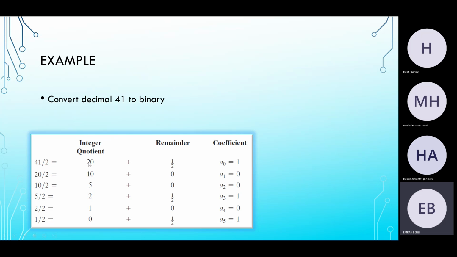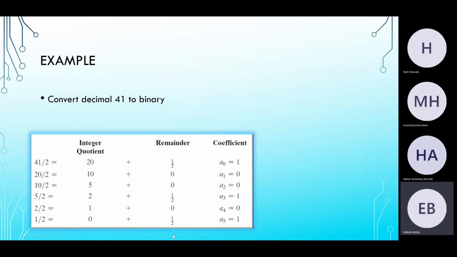For the conversion, what we are doing is dividing, because we want a binary number, we divide it by 2, and we got 20 here, and there is a remainder here, and the quotient is 20, and we divide the 20 by 2, and we have 10, and we don't have a remainder now, and that's how we continue until the end.